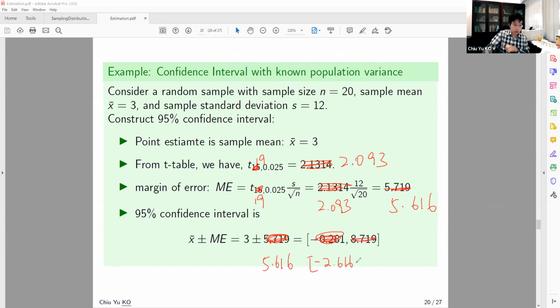This is 8.616. So that should be the answer.